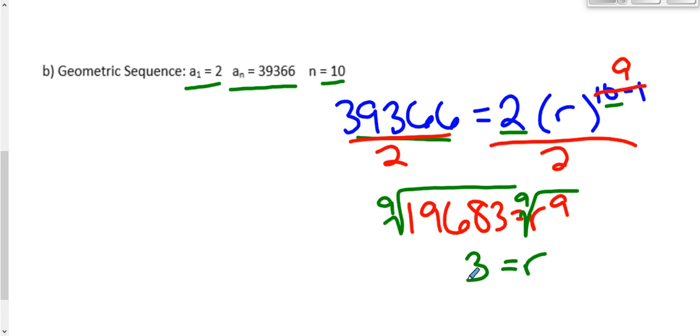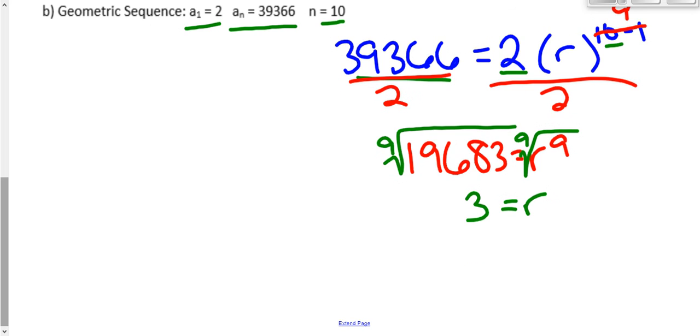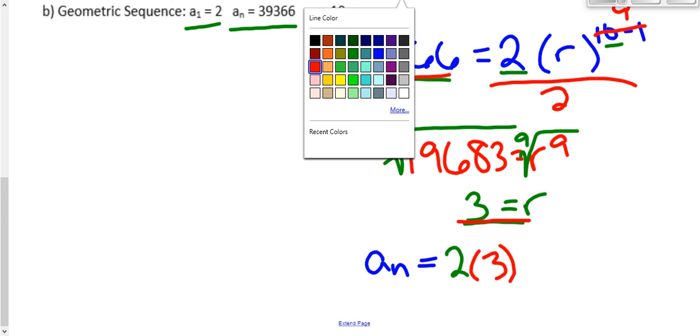How beautiful is that? That means that I have all the information I need to make an explicit form function. So any general geometric sequence with this set of conditions would be a sub n equals the first term, which they told me is the number 2, times the r value, which I just discovered is the number 3, to the n minus 1 power.